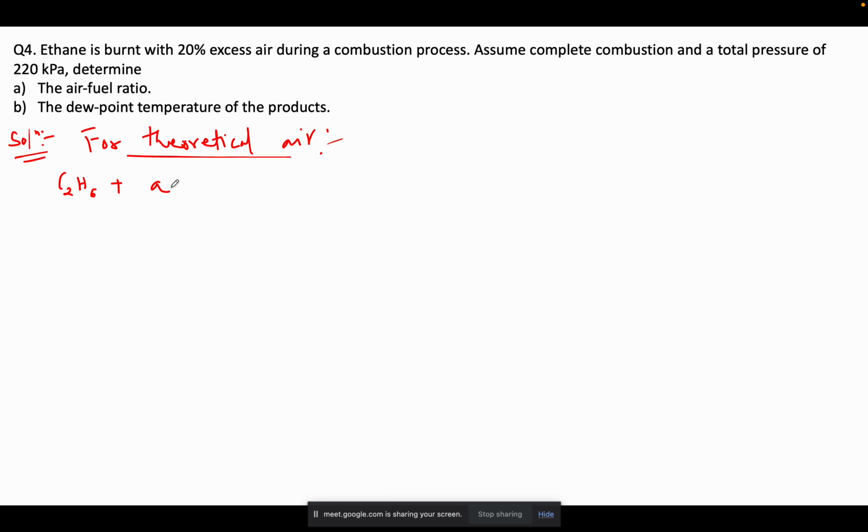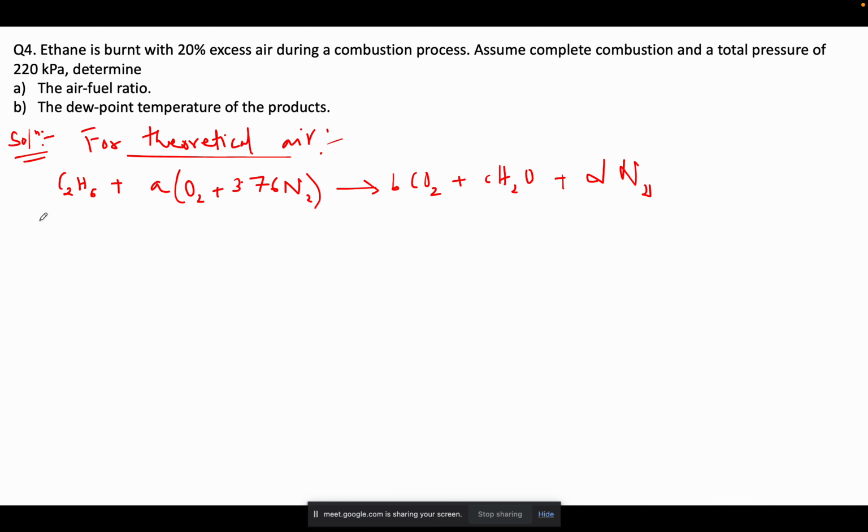And let me assume this one is A O2 plus 3.76 N2, and this will give you B CO2 plus C H2O plus D N2.